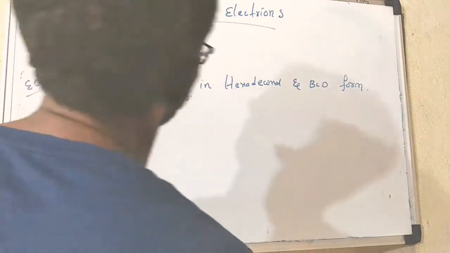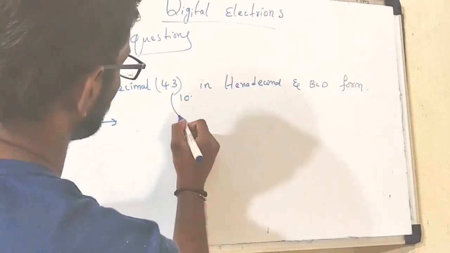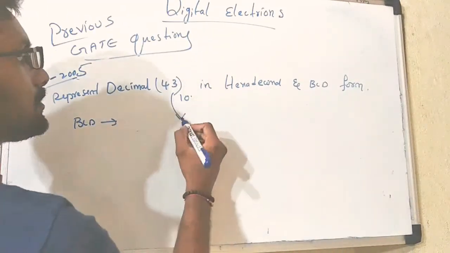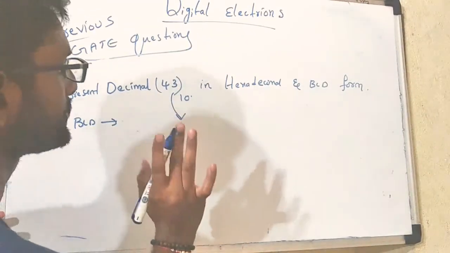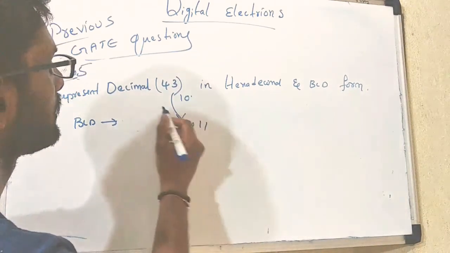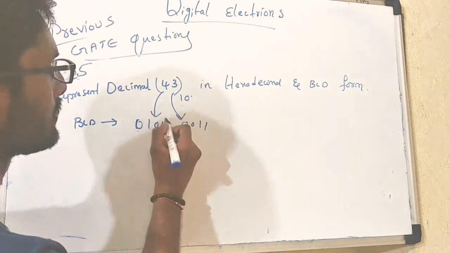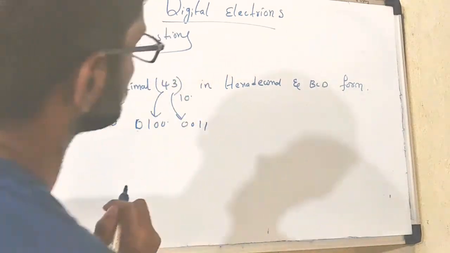In BCD form, 43 means: for each digit we need 4 bits, because in BCD we need 4 bits for representing each digit. For 3, the binary value is 0011. For 4, the value is 0100. Here the number is not greater than 9.